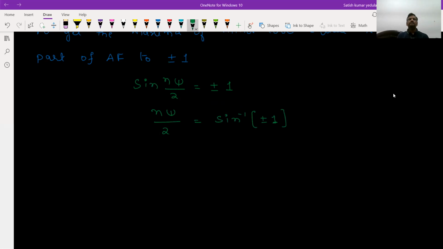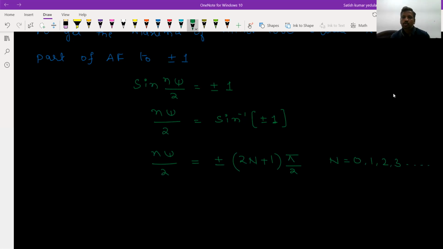For what values of the angle will you be getting sine equal to plus 1 and minus 1? It is 90 and minus 90, or 180 plus 90, 270, like that. So N psi by 2 is always equal to plus or minus (2n plus 1) times pi by 2. Here don't take small n, it is capital N, where capital N is equal to 0, 1, 2, 3, and so on.